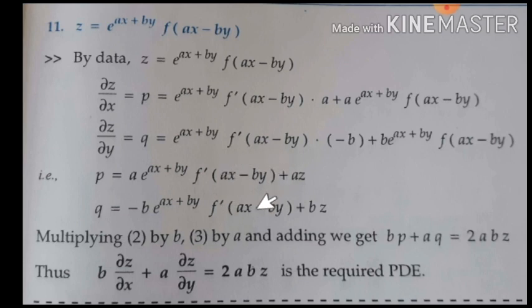So what can be done to eliminate this, by adding or subtracting? These terms are common, but what is extra is a and b, which are constants. So if I multiply b to this equation and a to this equation, these two terms become the same, and with the minus sign present, if I add them, you can cancel these two terms.